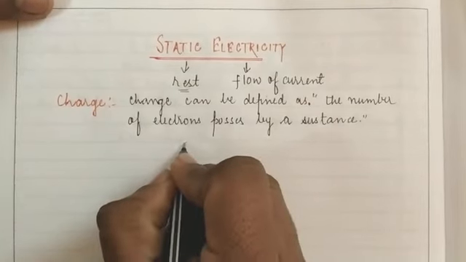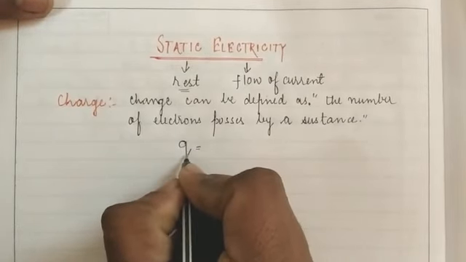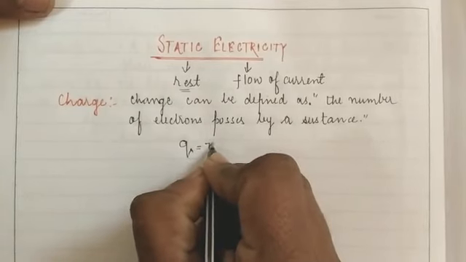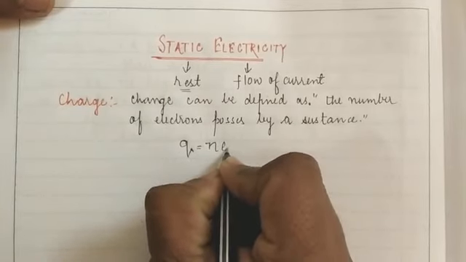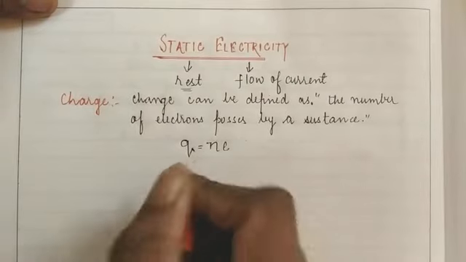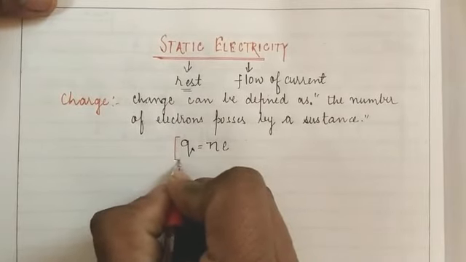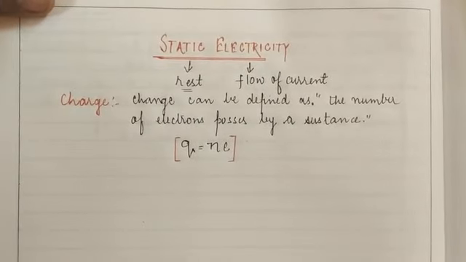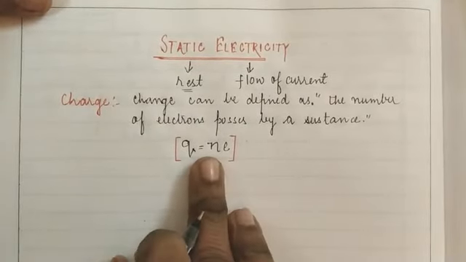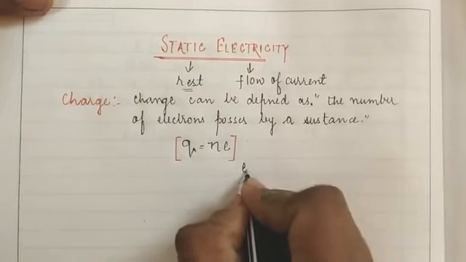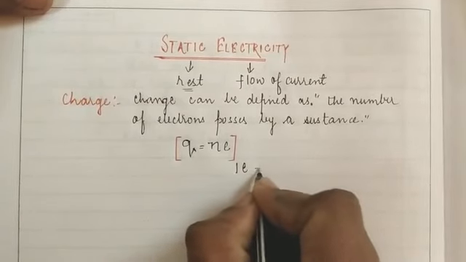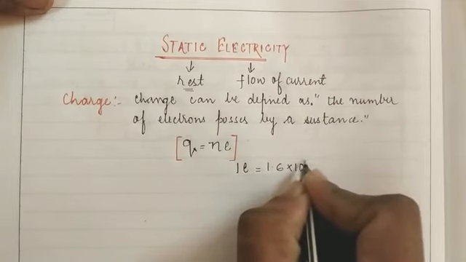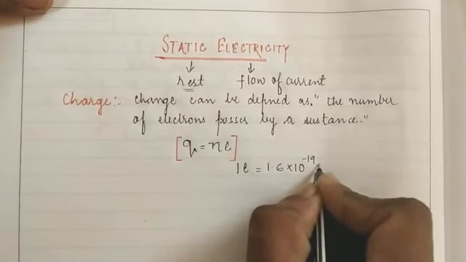So charge is given by the expression q = n e, where q is the notation of charge, n is the number and e is the electron. The charge is nothing but the number of electrons possessed by a body. If a body has 5 electrons, and we know that the charge of one electron is 1.6 into 10 to the power minus 19 coulomb.